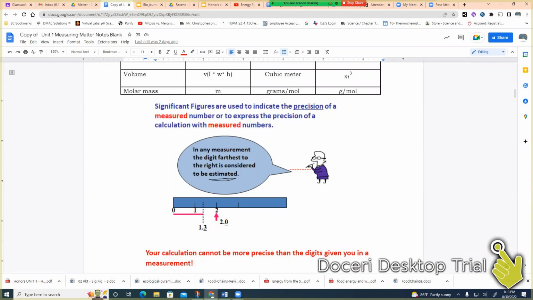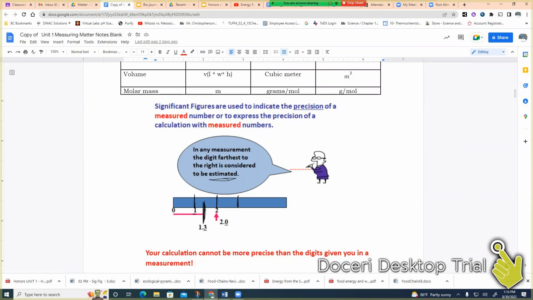So if we say these are inches, if you notice, the only thing that I can read are 1, 2, 3, 4, and 5. There's not any demarcations in the middle. So if I was trying to measure this line, the only thing I know for sure is that it's 1 and some other amount.